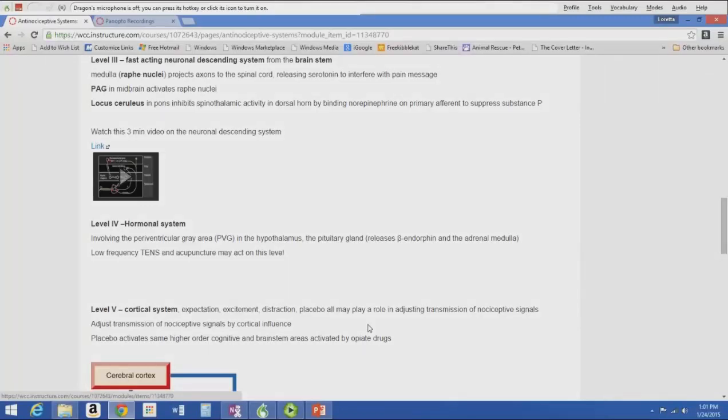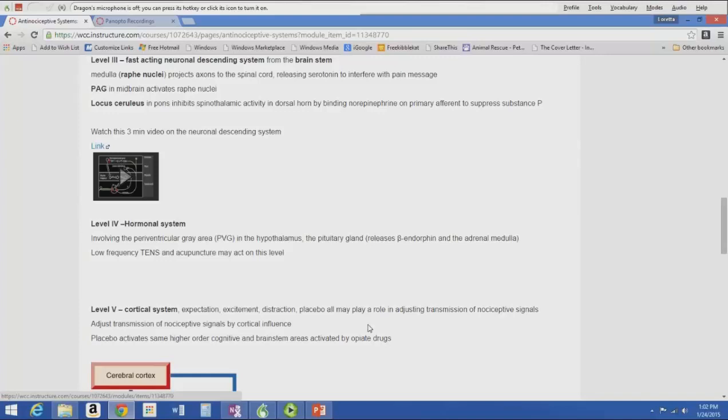It hasn't been conclusively proven, but when you use that TENS setting that's 1 to 10 hertz, that low-frequency TENS, they think that it may act by stimulating the periventricular gray area in the hypothalamus, which in turn stimulates the pituitary gland to release those beta endorphins.